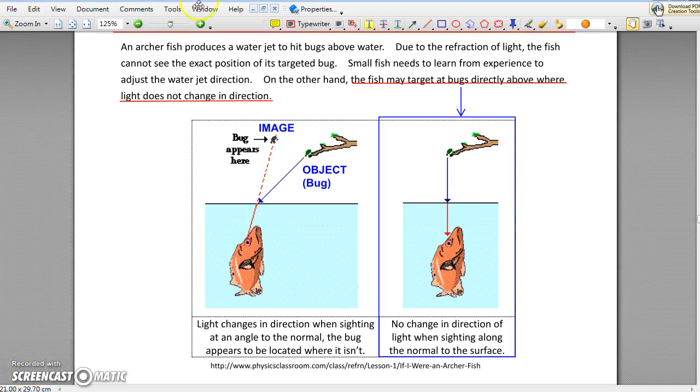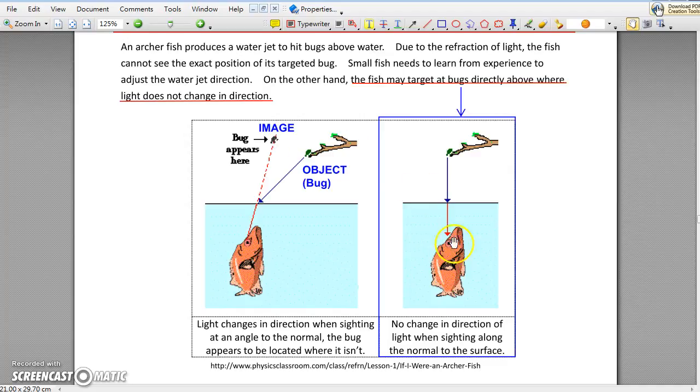In nature, an archerfish produces a water jet to hit the bugs above water. However, if the archerfish finds a bug at that position, due to the refraction of light, the image of the bug will appear here. So the fish will miss the target.